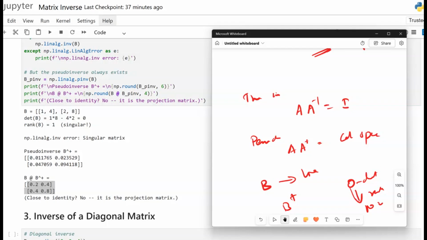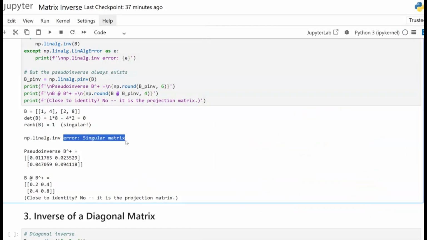When we had a failure using numpy, we could identify it. We also discussed the existence of the pseudo inverse B plus, and the interpretation of B multiplied by B plus as a projection operator, not an identity.